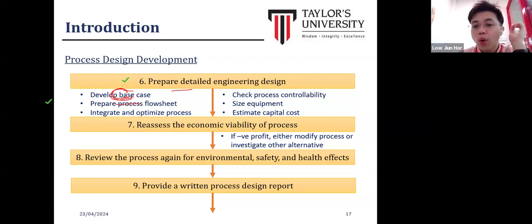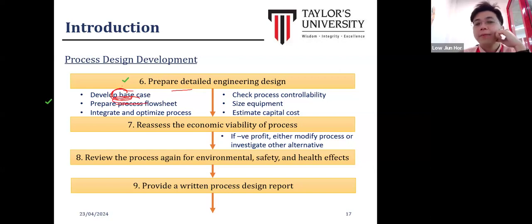But since now we already know how to draw the block diagram by using simulation software, for example Aspen HYSYS, Pro/II, then we can directly produce the block diagram using this simulation software. If you produce the block diagram by using simulation software, then the block diagram produced is also known as a process flow sheet.